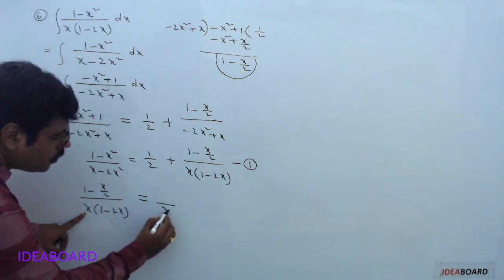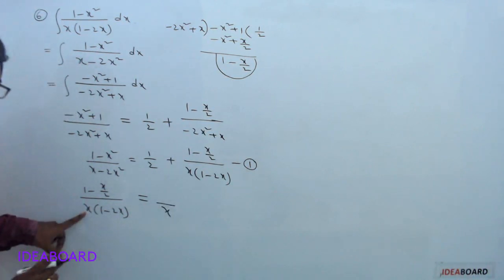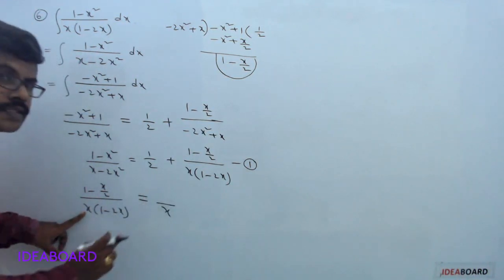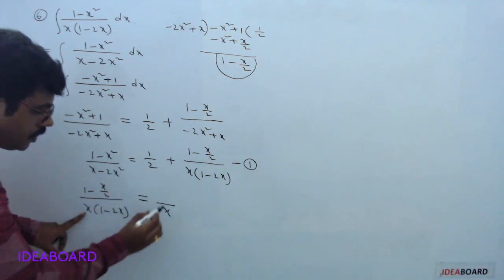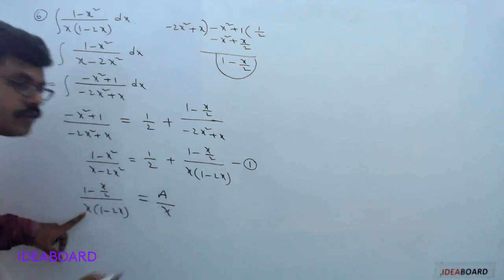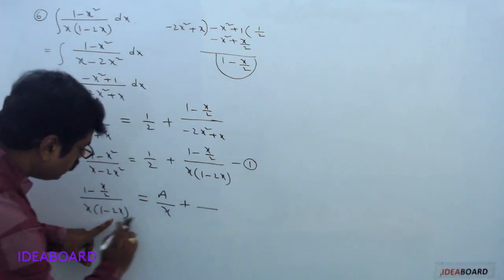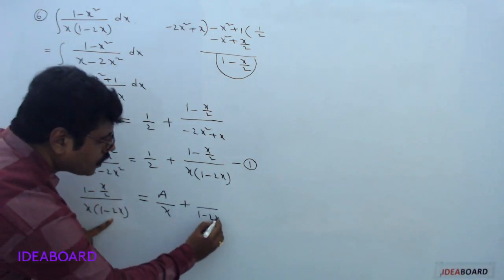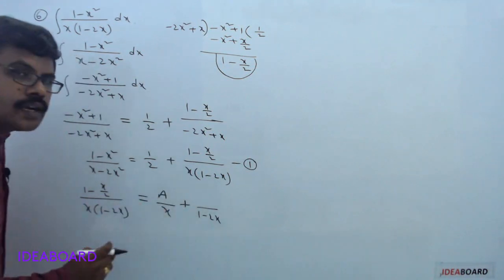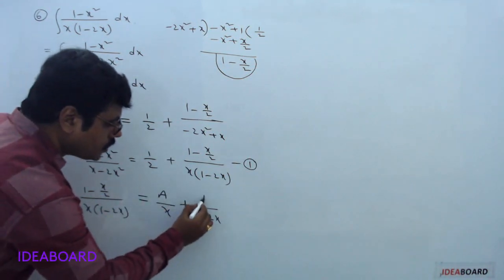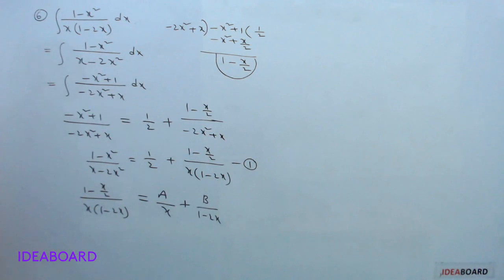Corresponding to every non-repeated linear factor, there exists a constant term in its numerator. Take that constant term as a for x, and corresponding to the other non-repeated linear factor, take that constant term as b.